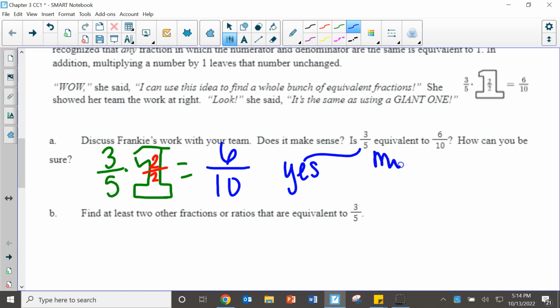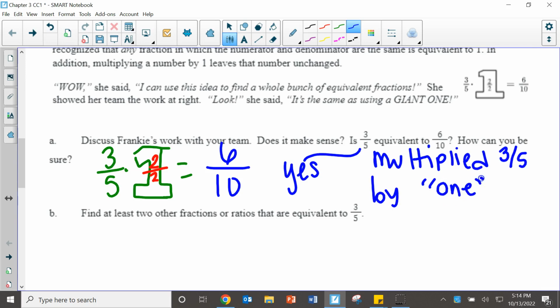Okay, and how can you be sure? Because you multiplied 3/5 by, and we're going to put 1 in quotations, because yes, it is 1, but we're using 2 over 2. Okay, and anything times 1 is itself.